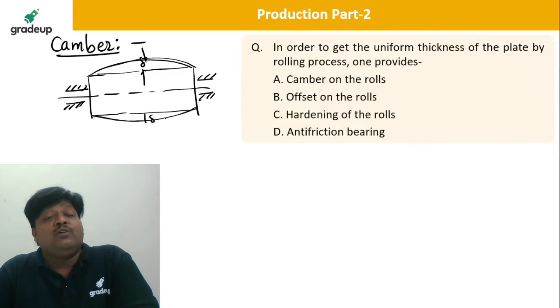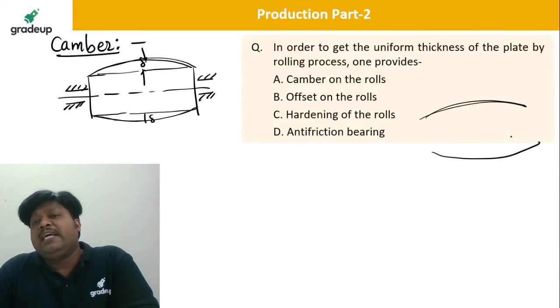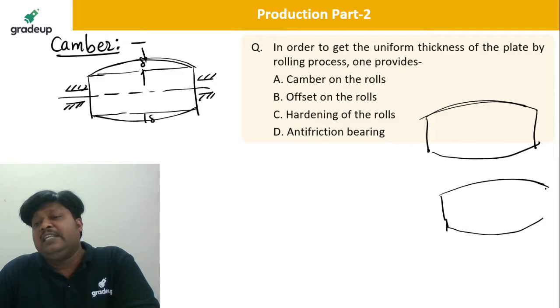To avoid this deflection of the roller, we give the central diameter a little bit more than the diameter at the ends. Your pair of rollers will look like this, not visible simply by eye, but there is a slightly larger diameter at the center than at the ends. That is the cambering.